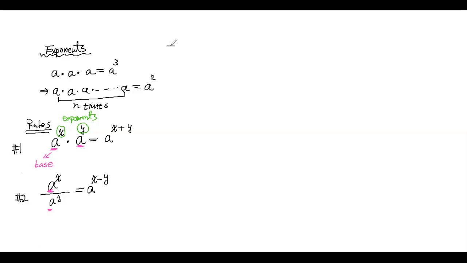Then rule number 3: if I have A to the X exponent, and then you do the Y exponent, this will be A to the X times Y. All right, so far so good.